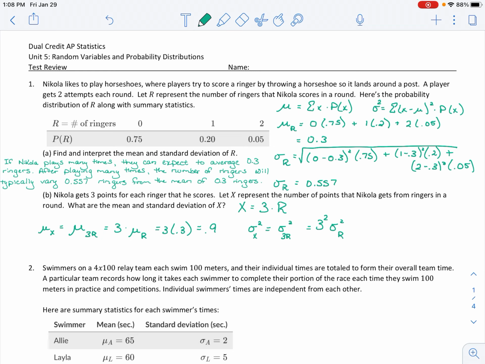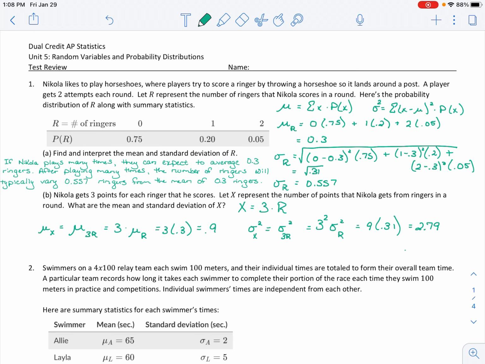So remember, you can multiply a standard deviation by a constant. You can multiply the variance by that constant squared. So this is my 9 times the, I should have written it down earlier, the 0.31 that I had gotten before I square rooted. So if I take 9 times that, I'm getting a variance of 2.79.